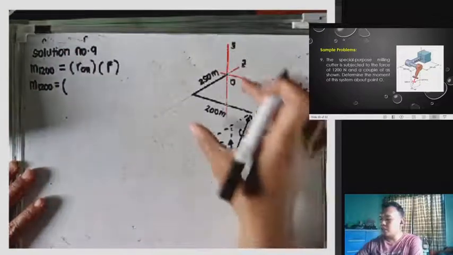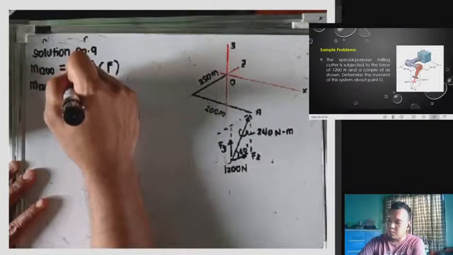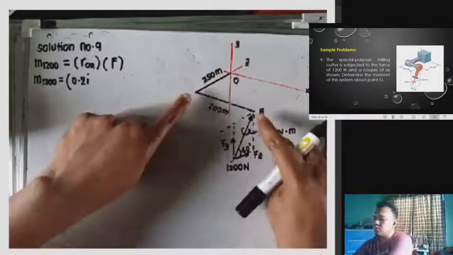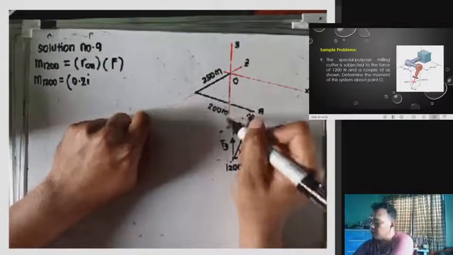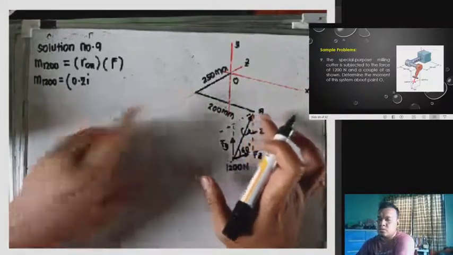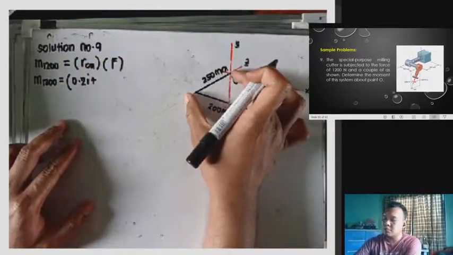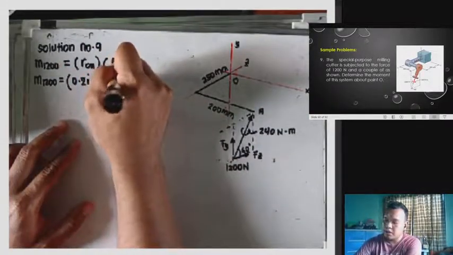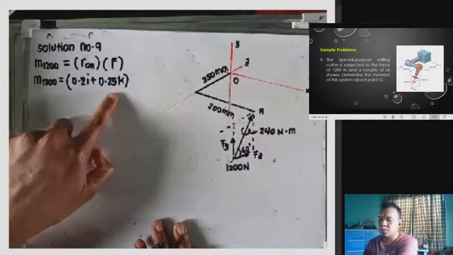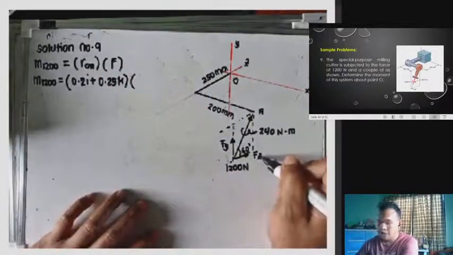ROA natin ay ito, distance na to at itong distance na to. So we have here 200, sabihin kong point 2 I kasi 200 mm to, mm pala to. 200 mm along x-axis, so I po to, 0.2i plus, ito ay z, so ibig sabihin 0.25k. Okay, we have here 0.2i plus 0.25k multiplied by, so ito ay fz.